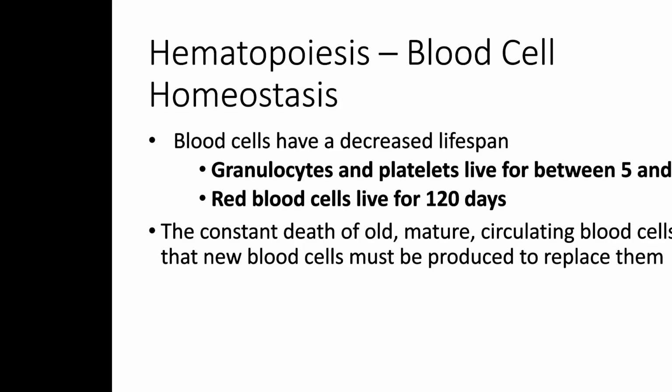We need to have this cycle between the old, mature, circulating blood cells and fresher, better cells being produced at the same time to replace them at a healthy rate. If we didn't get rid of old maturing cells, then we would all just kind of swell up like balloons, and I don't think anybody wants that.